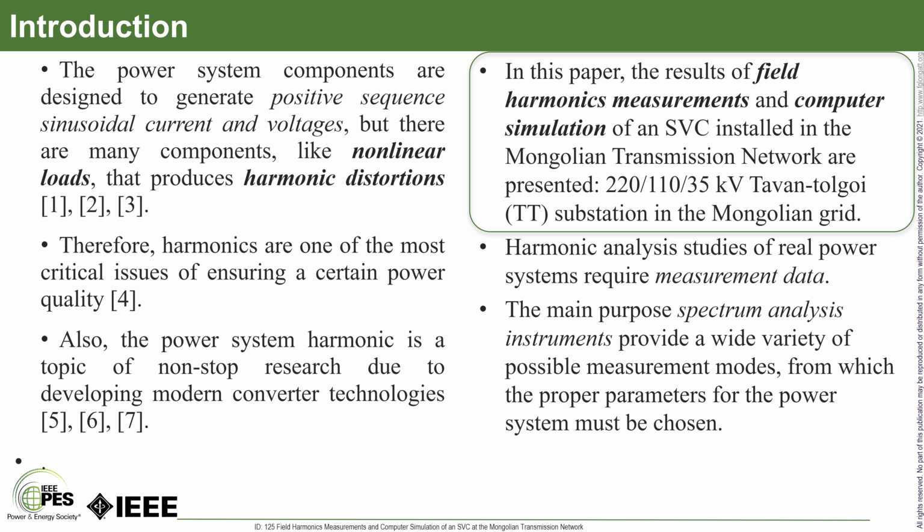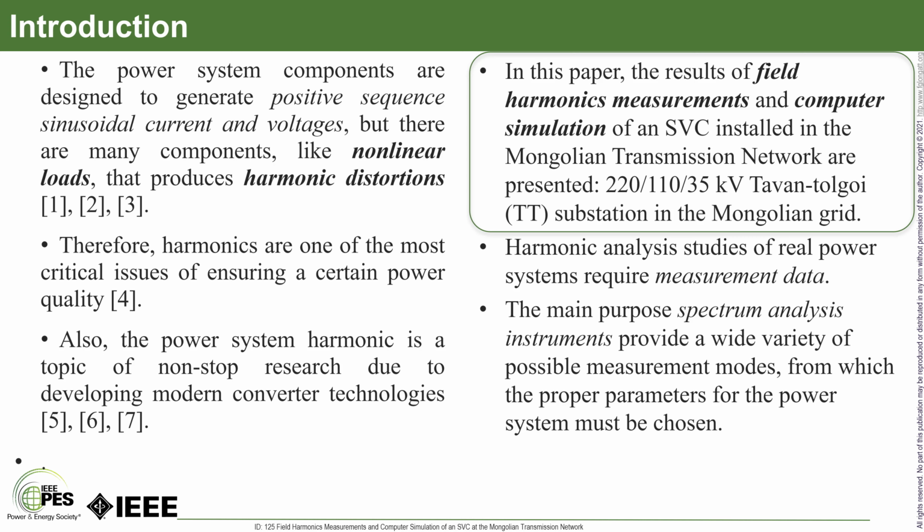That is one of the important substations in the Mongolian electrical power system, and over there we have an SVC, a static voltage compensator. We are using real harmonic analysis studies coming from measurement data in the electrical system, and from there we take advantage of those measurements to implement digital simulations.